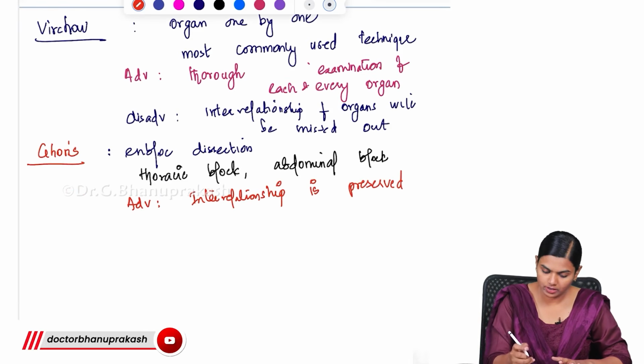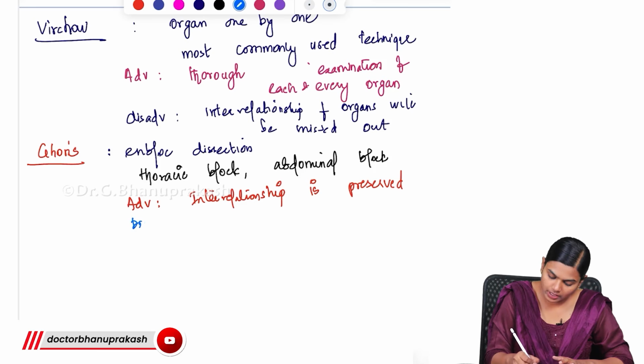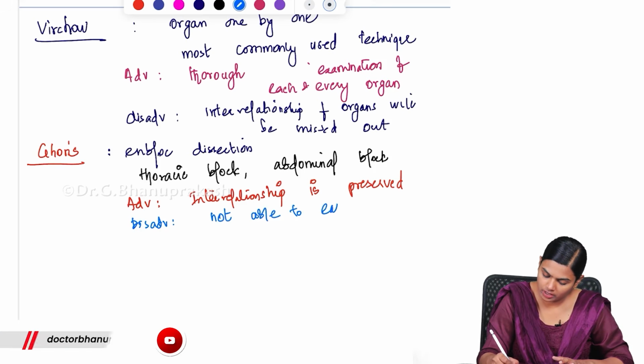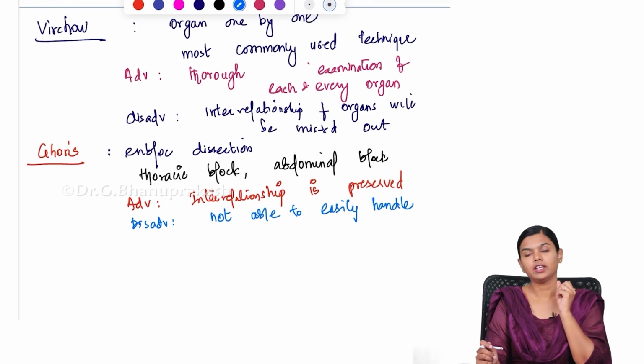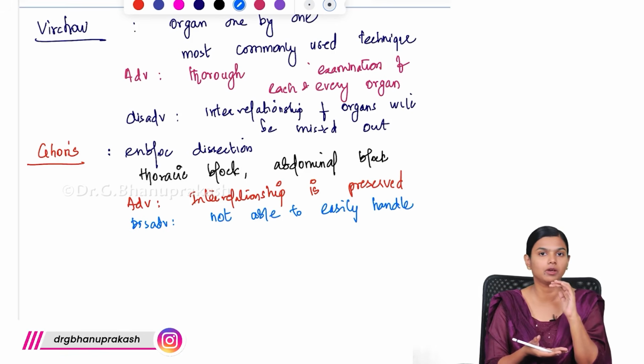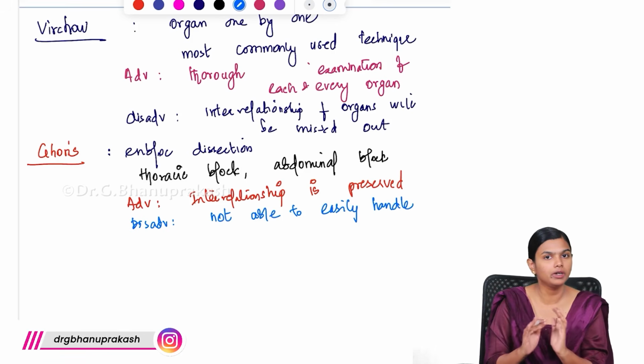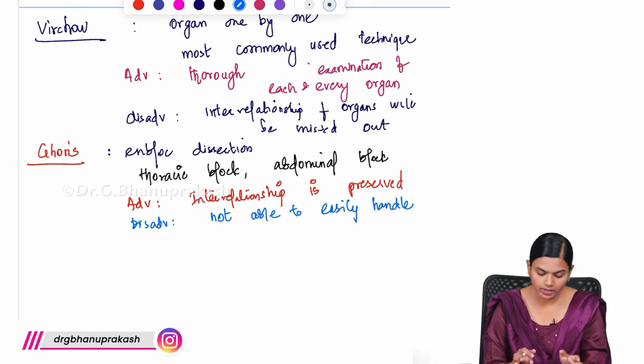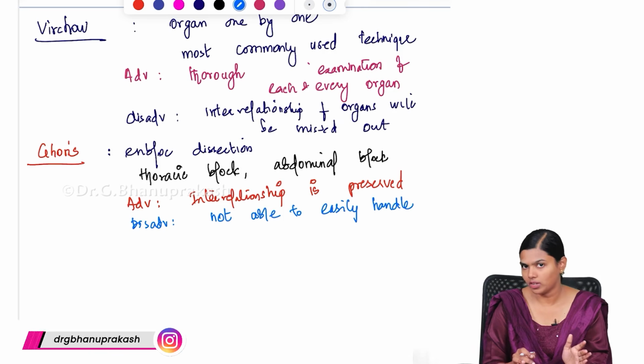The main disadvantage is that you will not be able to handle the organs easily. Since you are taking them as a bunch, it will weigh a lot. You take both lungs with the heart, which is a very big bunch, so examination would be difficult. That is the disadvantage of Ghon's method.